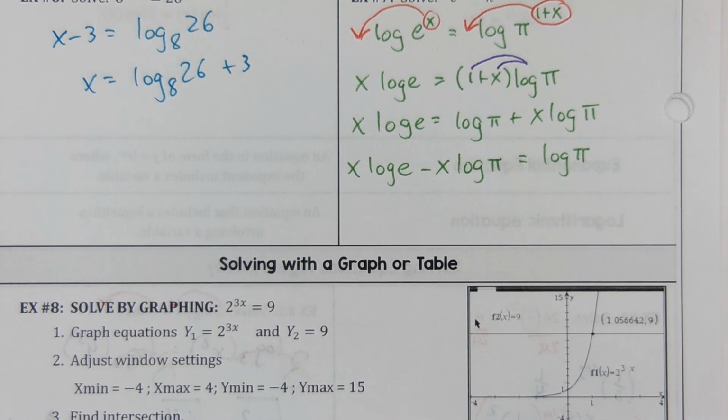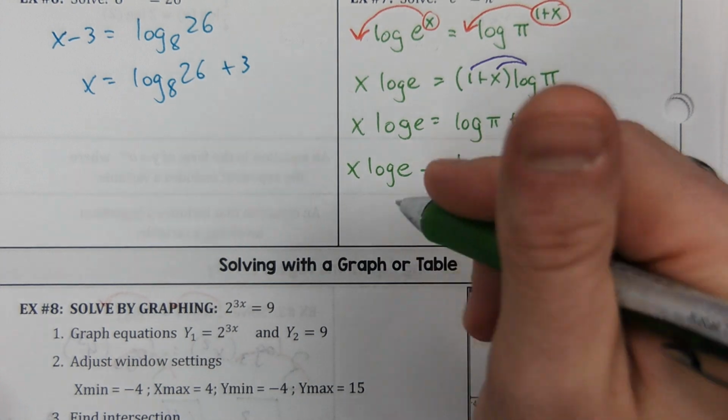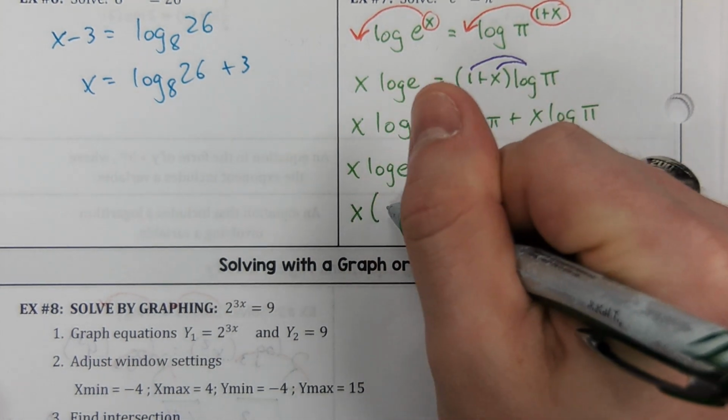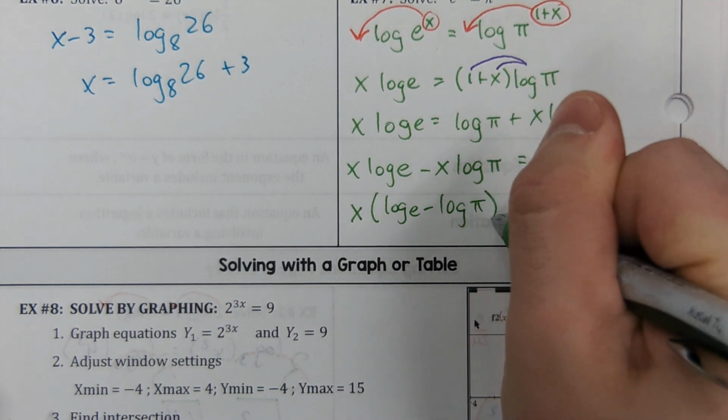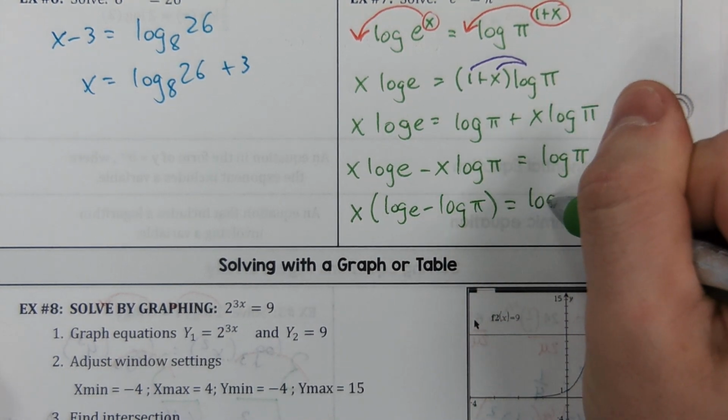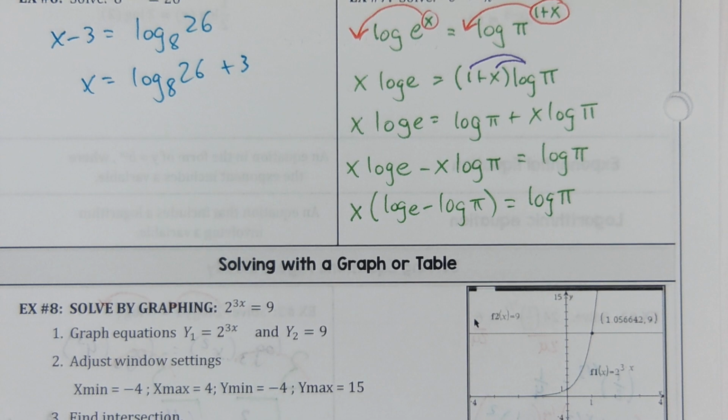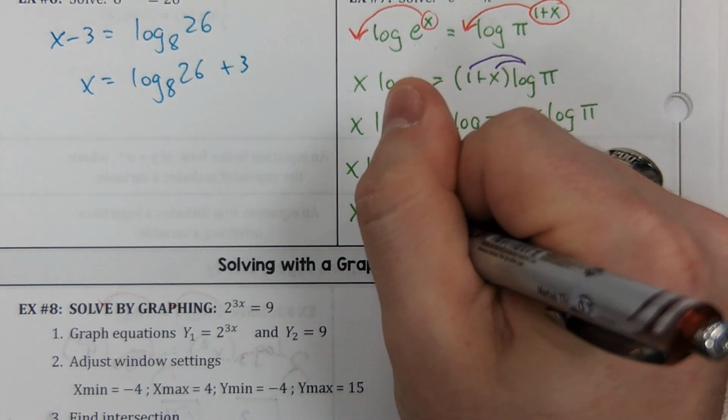Fun. Okay, so what we're going to do is factor out x as a GCF. And now, to get x alone, now you get to divide.